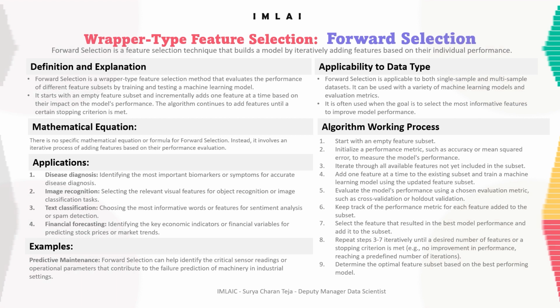And the last one that we have here, of course, these examples are limitless and endless, but still we will take some of them. Disease diagnosis, as we have discussed earlier: in medical research, forward selection can be used to determine the most informative biomarkers or genetic features for diagnosing diseases like cancer, Alzheimer's, or diabetes.